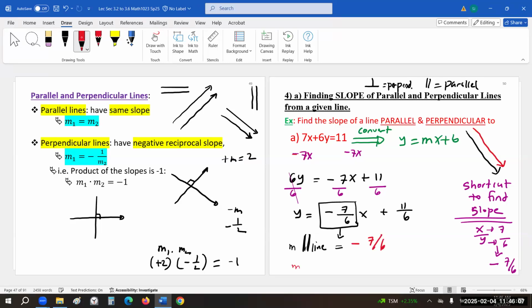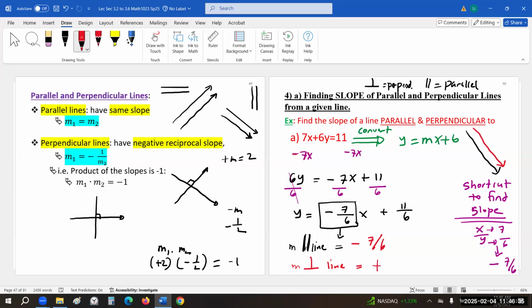And now, what is the slope of the perpendicular line? Perpendicular lines have what type of slope? Opposite sign, and then the reciprocal of the fraction. So this is negative, so the perpendicular line is positive.